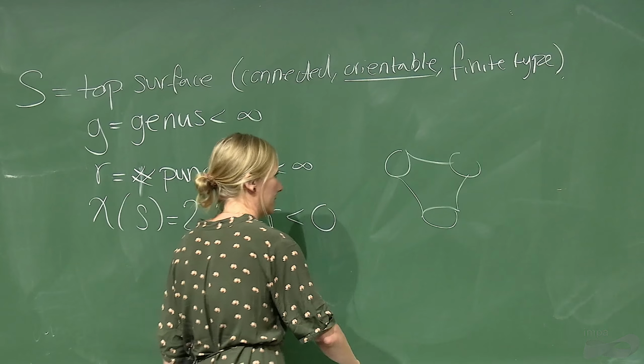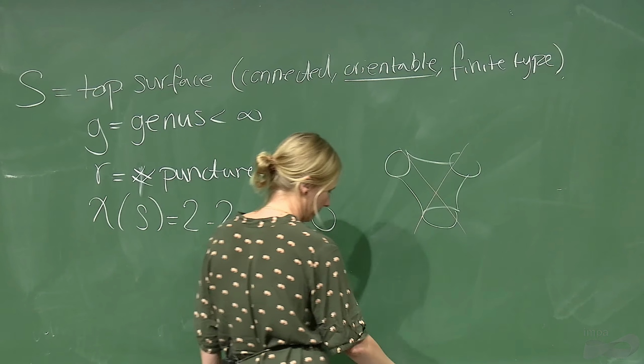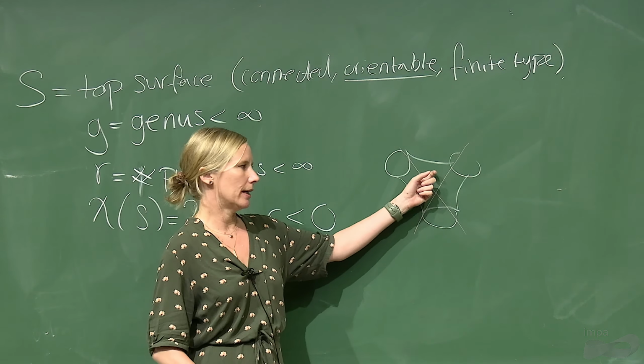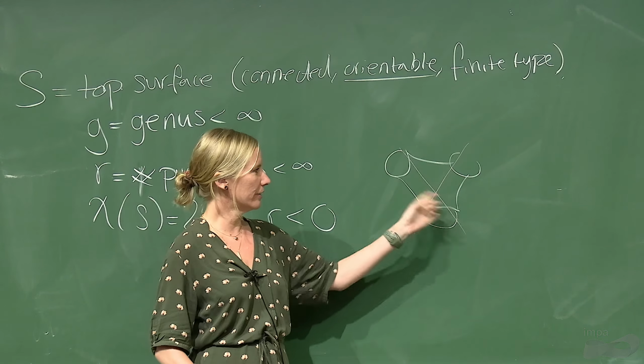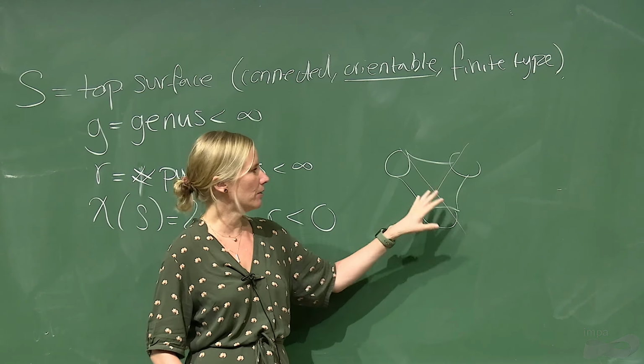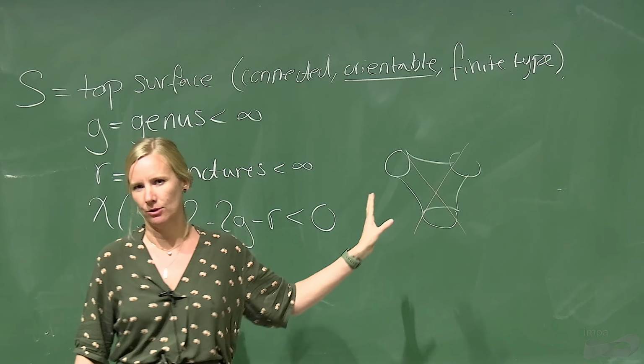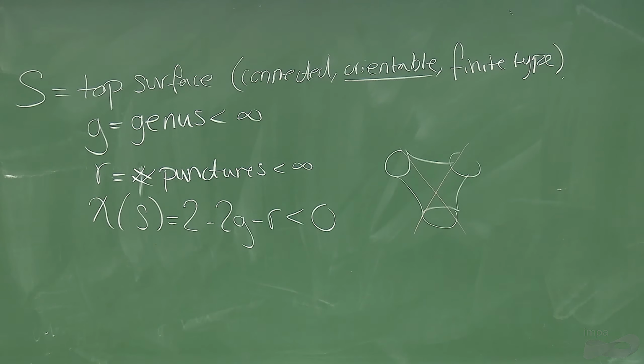The reason is simply that if we want to talk about simple closed curves on this pair of pants, it's really only the ones that are the boundary components. So basically, it's not interesting in that example, and we're just going to exclude that. But any other topological surface of negative Euler characteristic is okay.